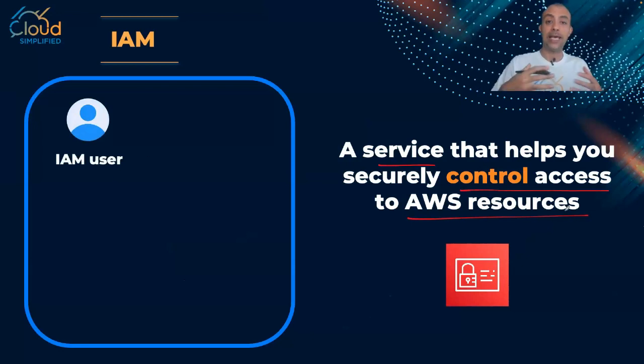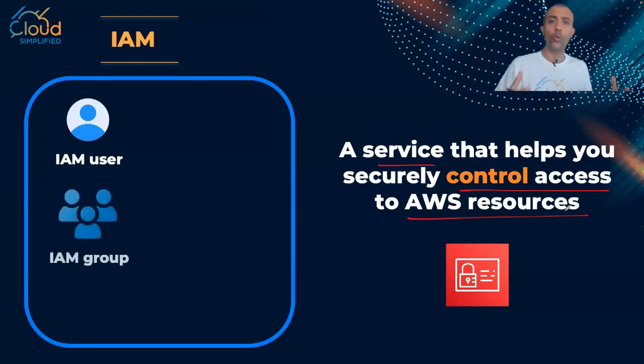So very simply, everyone who will log into the AWS console in order to do some configuration is an IAM user. And then, what do I do? Usually, I am going to create also something called an IAM group in order for me to group multiple users inside one group.